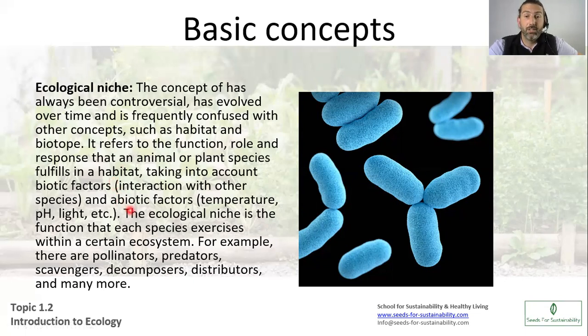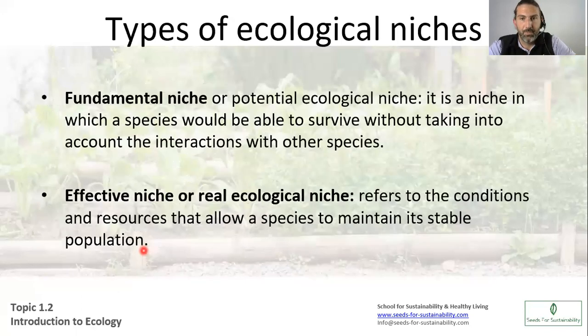So the ecological niche is the function that each species exercises within a certain ecosystem. For example, there are pollinators, predators, scavengers, decomposers, distributors, and many more. Like we just saw the example of weeds, we also see the same things in animals, all those things that have evolved over time, and they found their right spot.